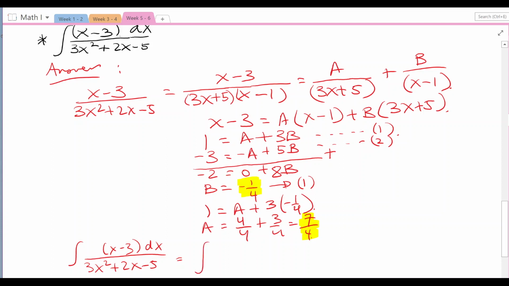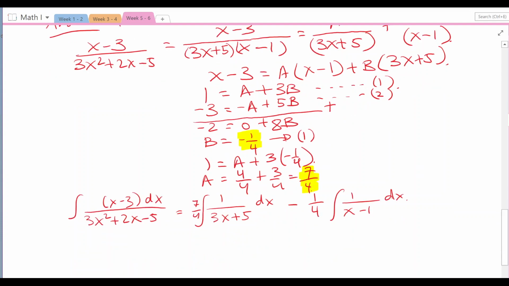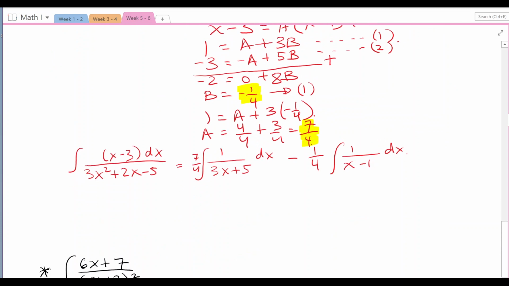Okay, integral 7/4, take the 7/4 out, of 1/(3x plus 5) dx, and then b is negative, so this is negative, b is 1/4, so negative 1/4 integral 1/(x minus 1) dx. That's the new integration for this problem.